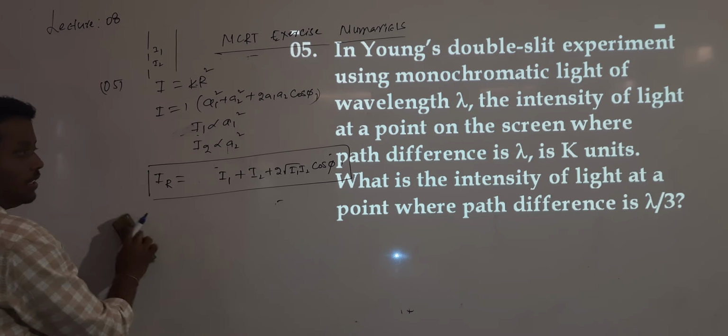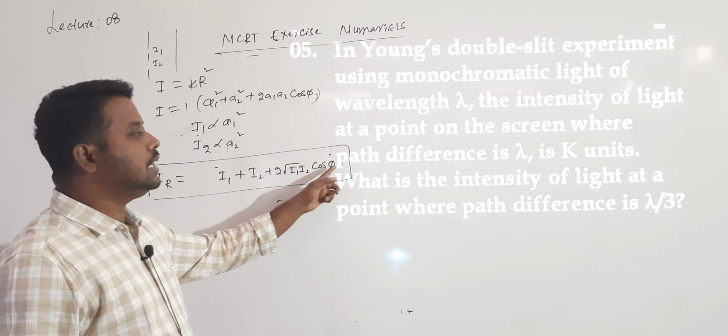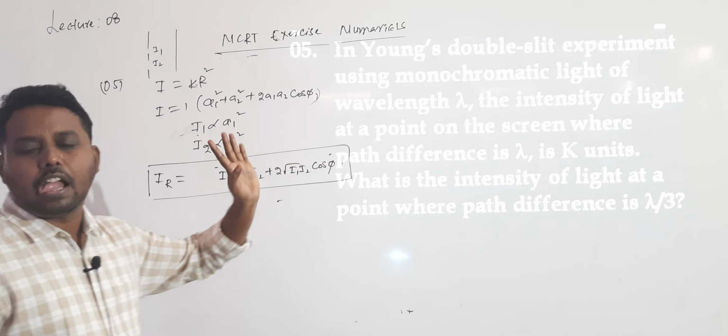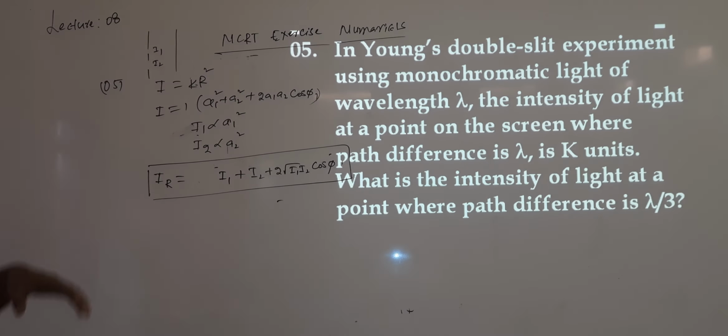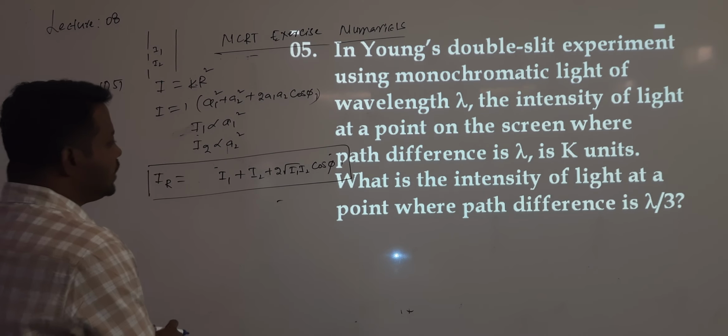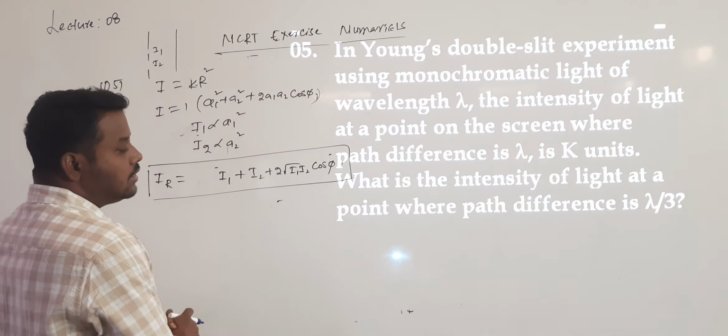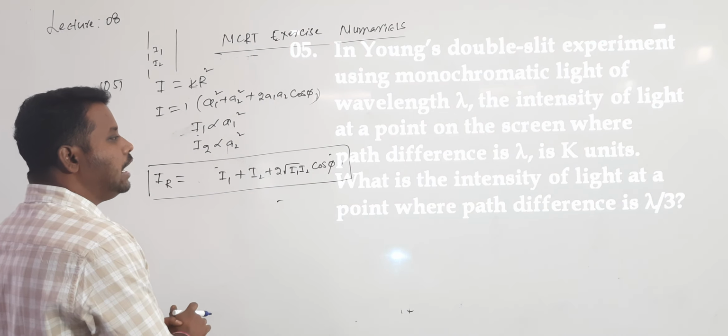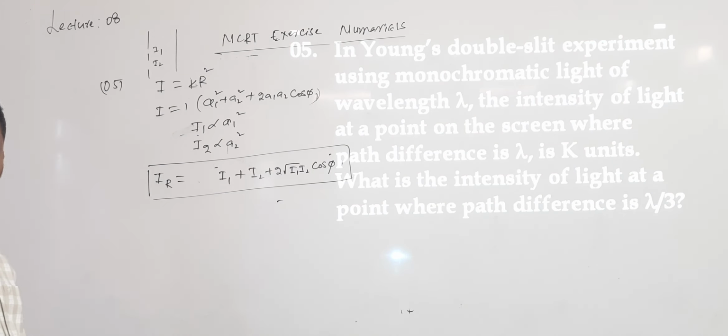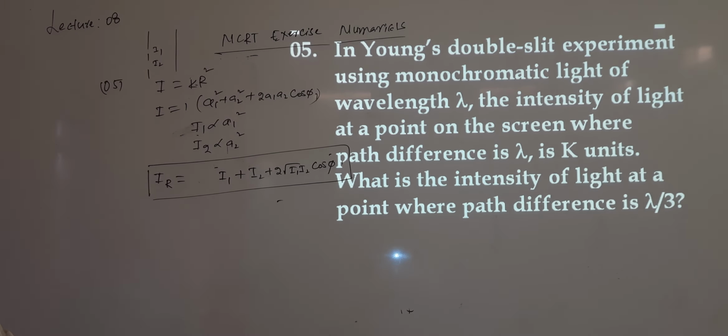Here, the first time, they gave that the path difference is lambda. When the path difference is lambda, we should find the corresponding phase difference. The second time, when the path difference is lambda by 3, we should find the corresponding phase difference value.